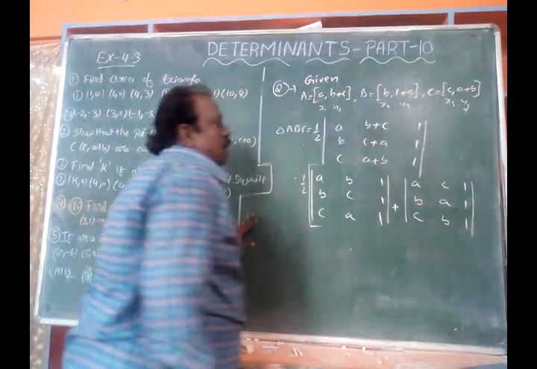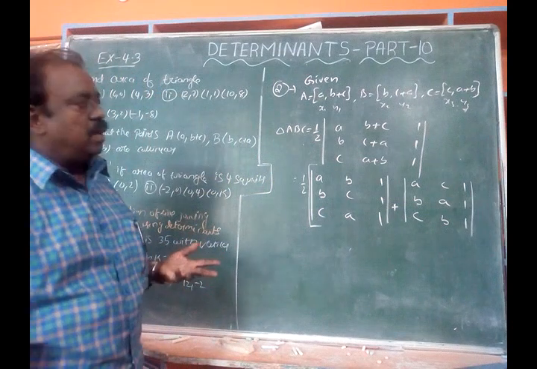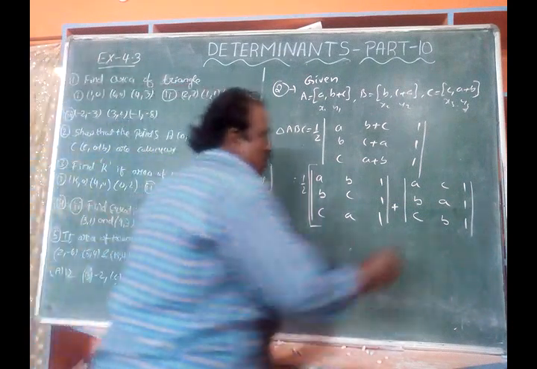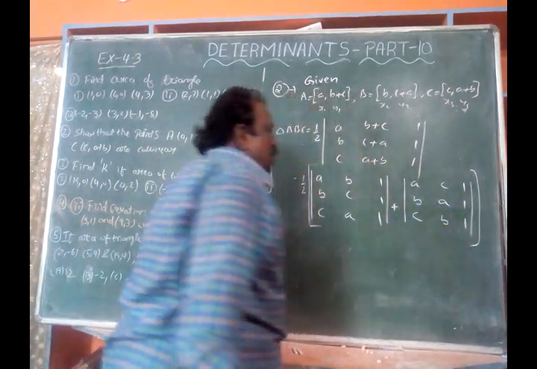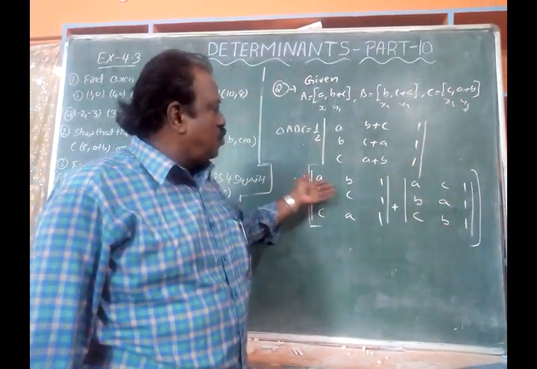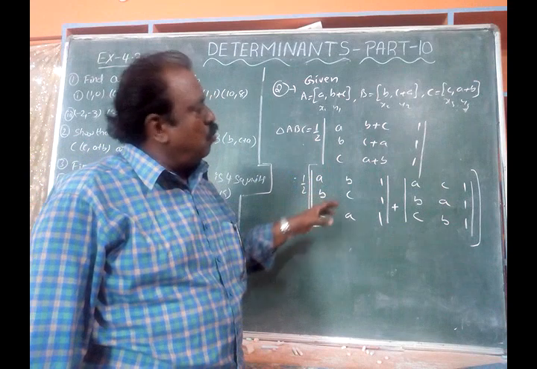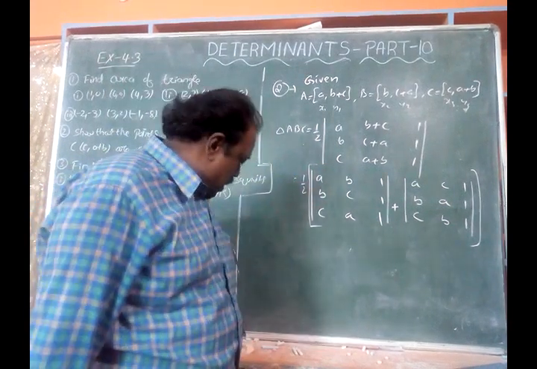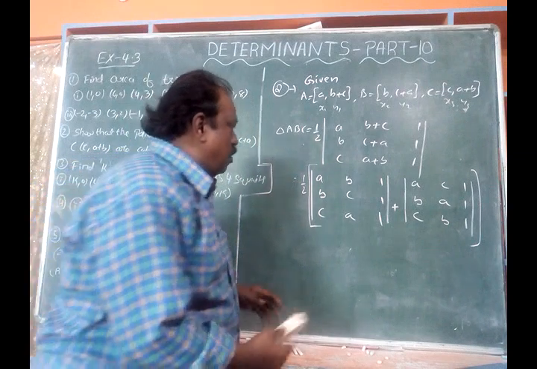Like that, we may follow. This is one method. If you solve by the direct method, we may get 0. And one more method I want to teach.